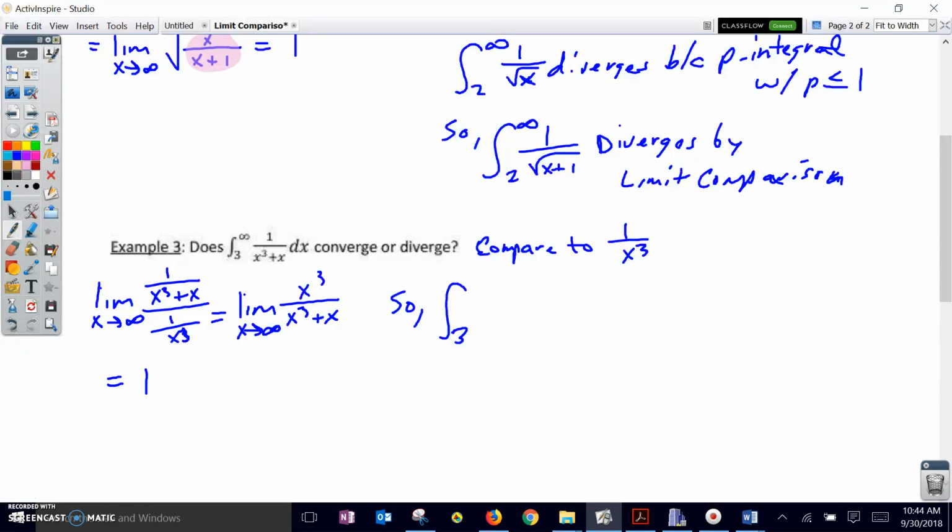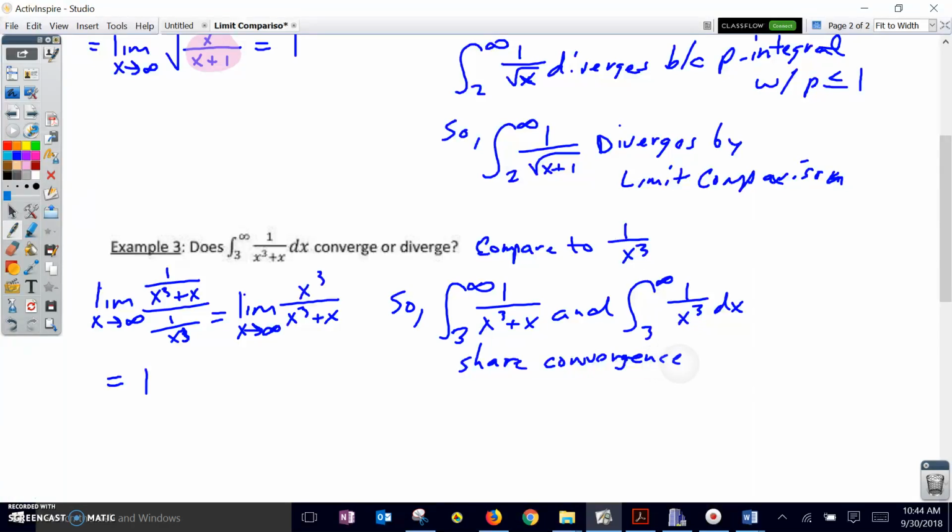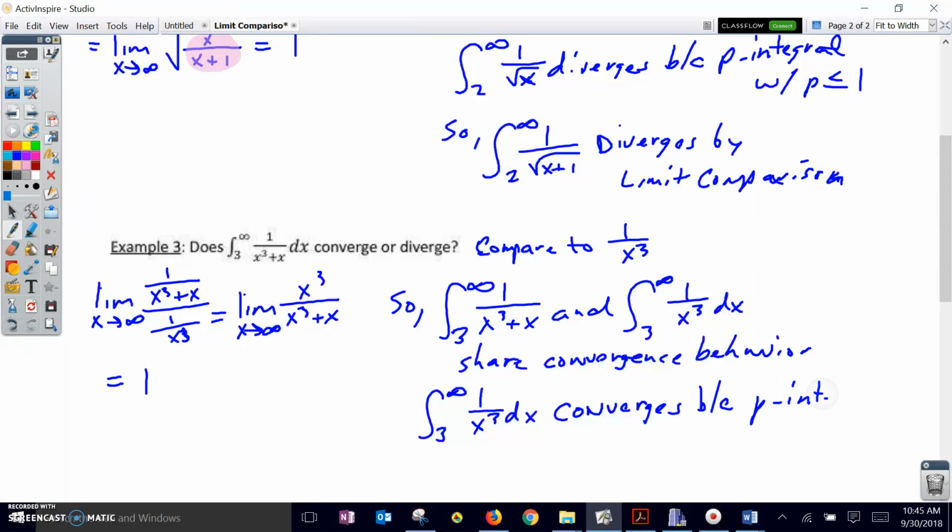So, the integral from 3 to infinity of 1 over x cubed plus x, and the integral from 3 to infinity of 1 over x cubed share convergence behavior. The integral from 3 to infinity of 1 over x cubed dx converges because it is a p integral with p greater than 1.